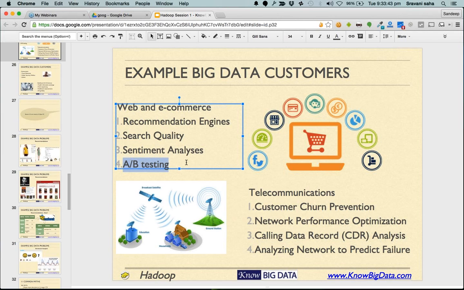Meaning, let's say you came up with the idea that if you change the color theme to black, suddenly the sales will increase. So instead of changing it for all the users, you do it only for 0.1% or 0.01% of the users and observe their behavior. Are they buying more or are they buying less? If they are buying more, that means your changes have worked, and therefore let's put it into effect for all the users.